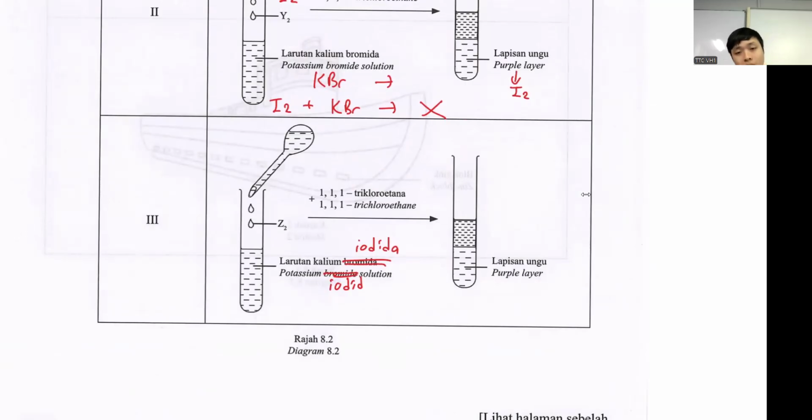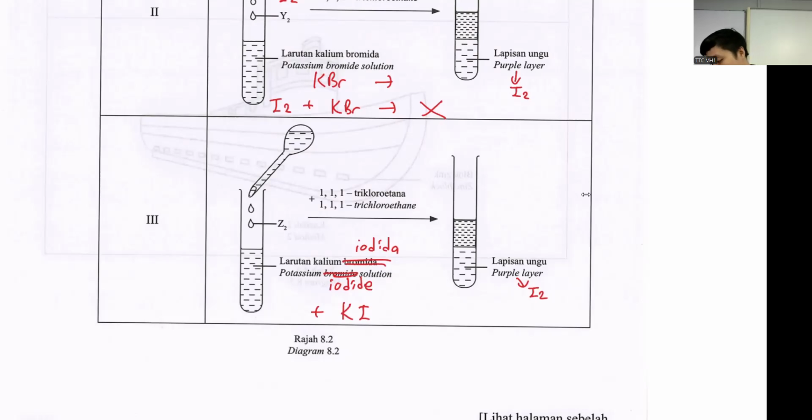Set three is potassium iodide, KI. Z2 added into KI, you will get another purple layer. Z2 can actually be two answers: chlorine or bromine.